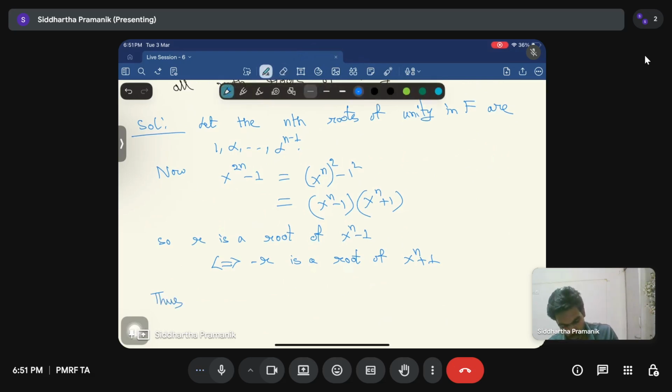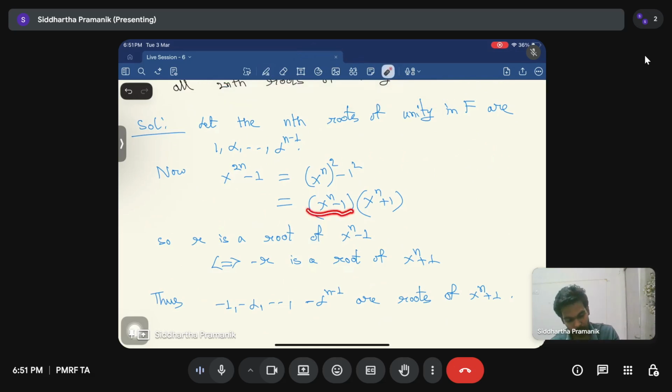Thus minus 1, minus alpha, dot dot, minus alpha power n minus 1 are roots of the polynomial x power n plus 1. So for this polynomial we have n roots, which are this one, and for this part we have another n roots.